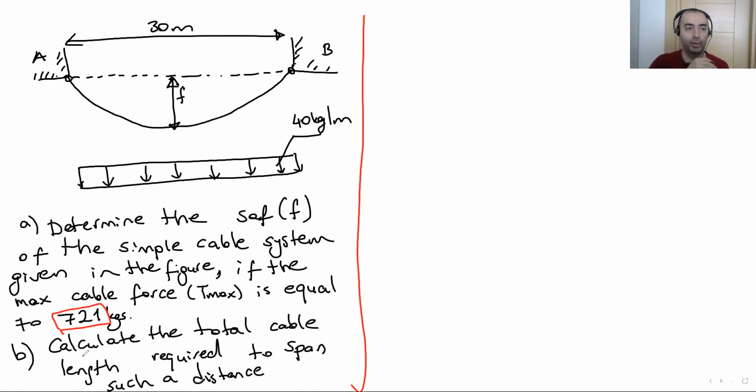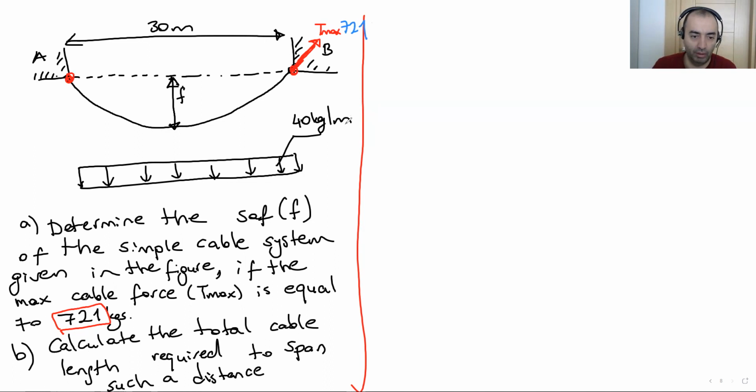So we have two top points, point A and point B. Let's say we are dealing with point B. The T max will occur at this point, and this is the T max.